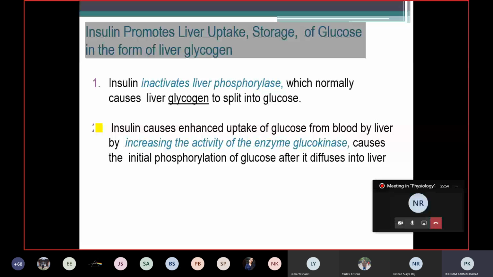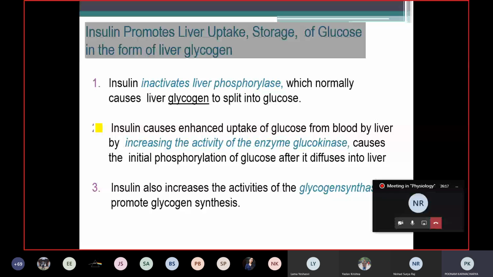So this is how the glucose will be trapped inside the cell. It prevents the glucose from getting out of the cell membrane.